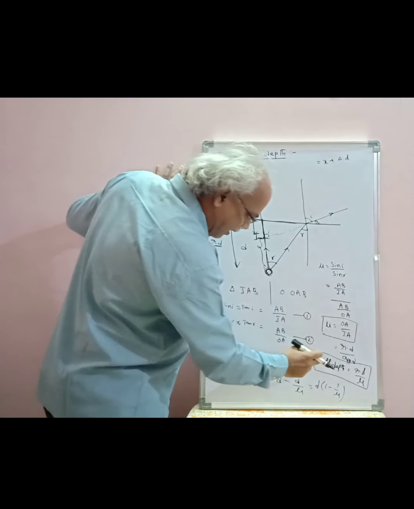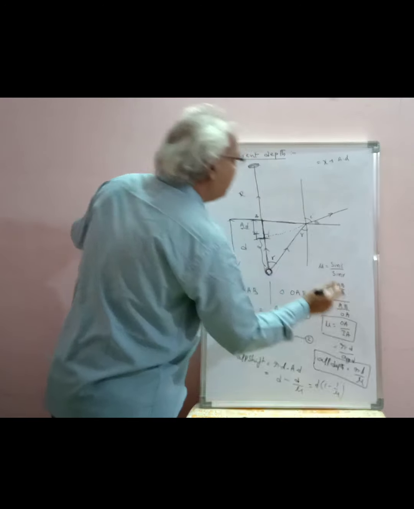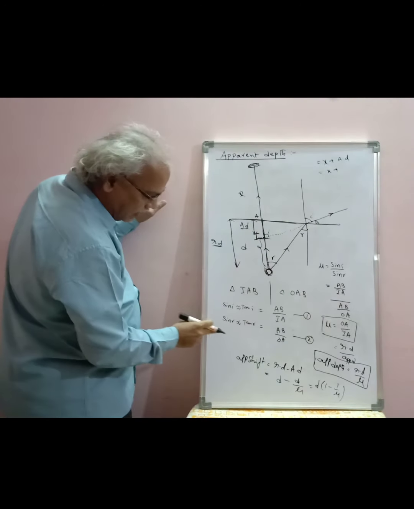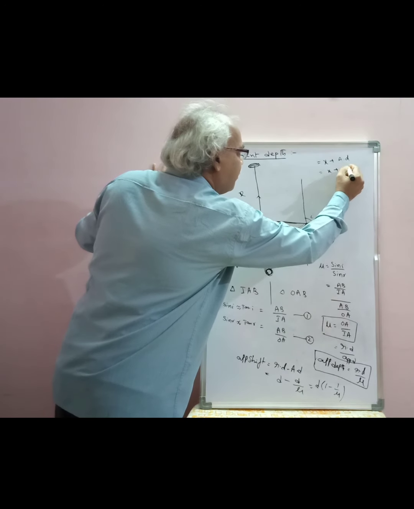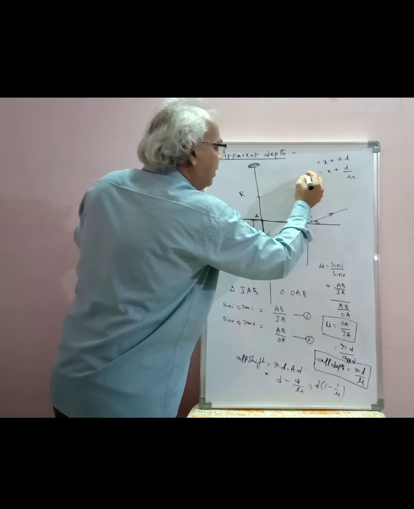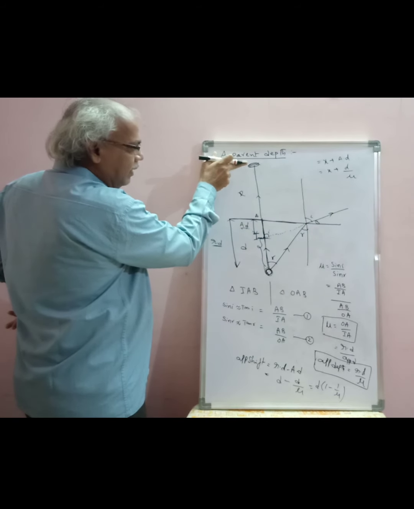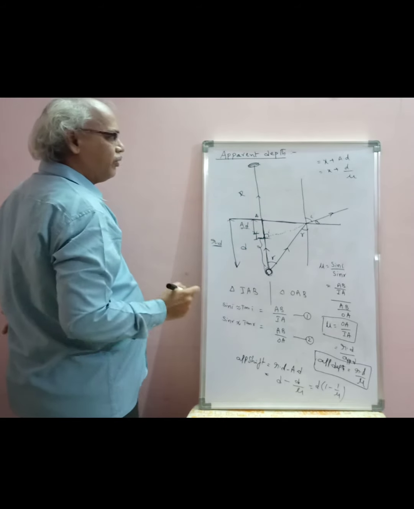So what is the apparent depth here? Apparent depth is equal to real depth by mu. So x plus, what is the real depth? The real depth is say d by mu. It is the distance from the observer, who is in air at a distance x from the interface.